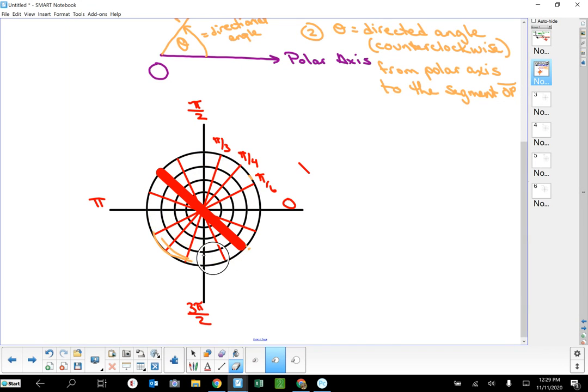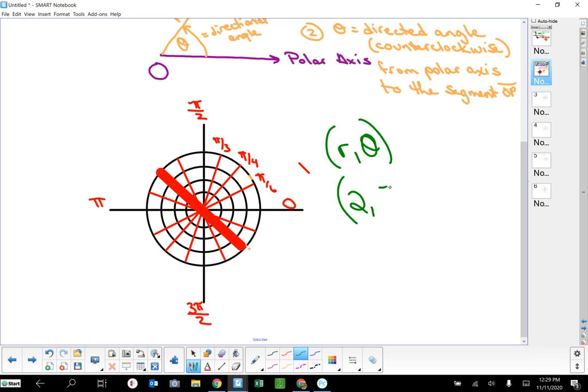All right, so here's how this works. Remember, any point is R, theta. So if you have one that is 2, pi over 3, you go to the pi over 3 angle, which will be here, and then out to the second concentric ring, and that would be that point, 2 comma pi over 3.